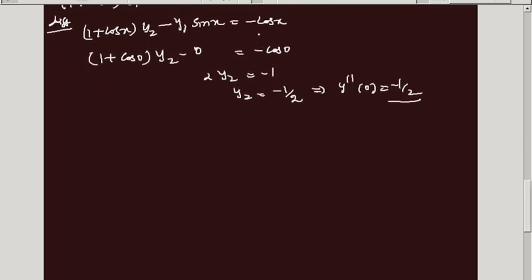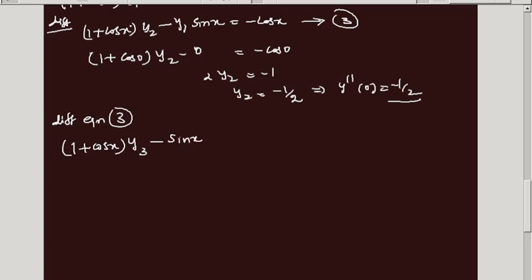So here now we differentiate this one. Differentiate equation 3, apply the product rule: (1 plus cos x) into y3, then the derivative of (1 plus cos x), which is minus sin x, into y2, then minus y1 into cos x, then minus y2 into sin x equal to sin x.